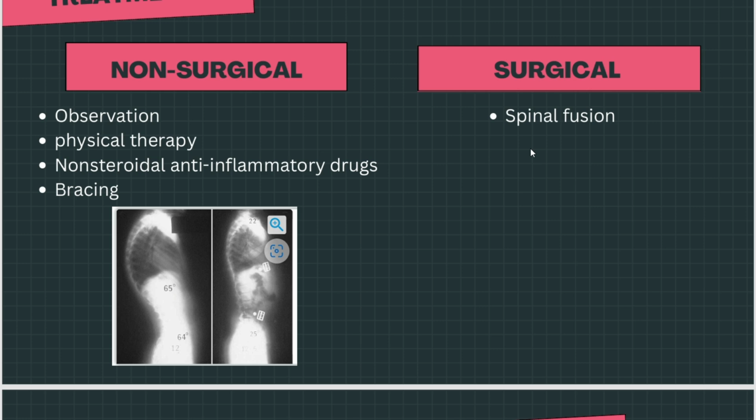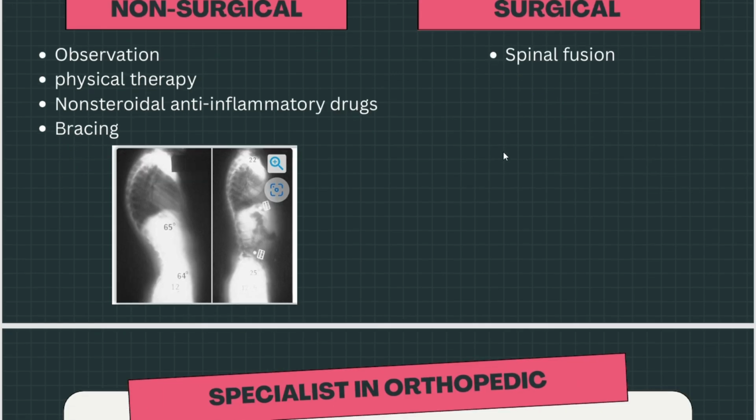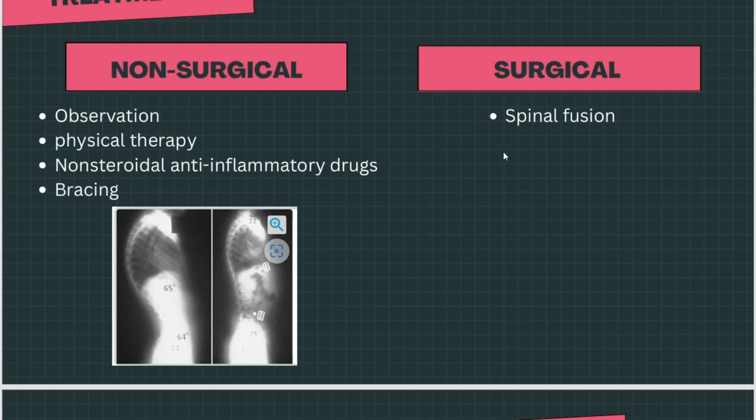Spinal fusion is a commonly used surgical procedure to treat kyphosis. The goal of spinal fusion is to reduce the degree of the curve, prevent further curve progression, maintain the improvement over time, and alleviate significant back pain if it is present.